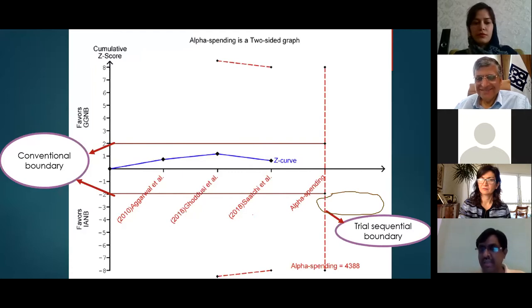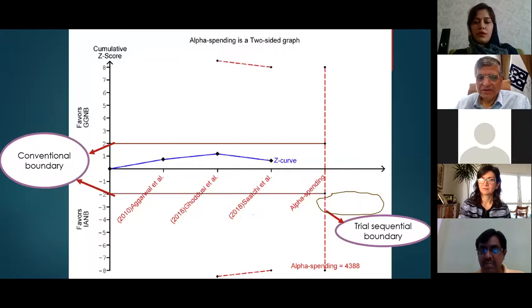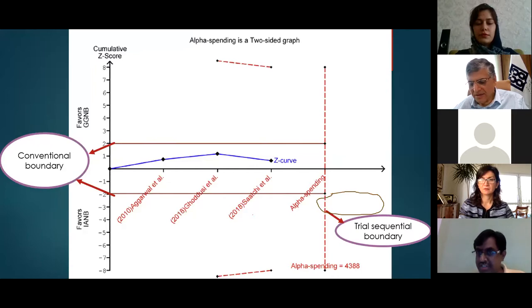So in this image, you just return to the same image. If you see, my Z curve has only 53 samples. It is not crossing my dotted lines. So what is my interpretation? The meta-analysis is not confirmed. The result is not confirmed.